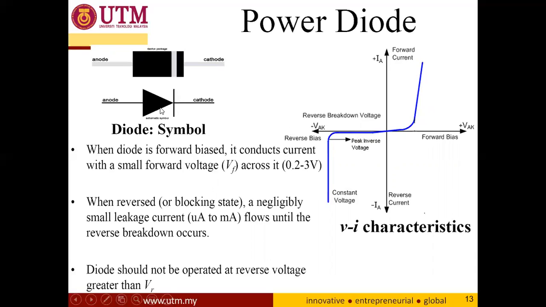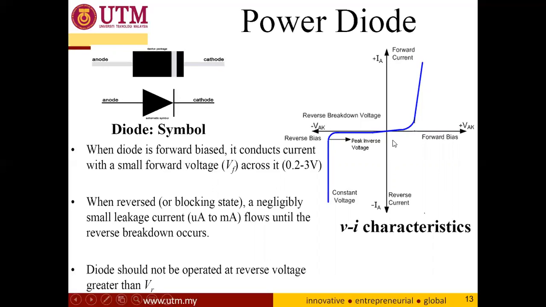Forward bias means that the anode is positive compared to the cathode, and for reverse bias, the anode is negative compared to the cathode. So the diode will behave like an open circuit, and no current will flow from cathode to anode.